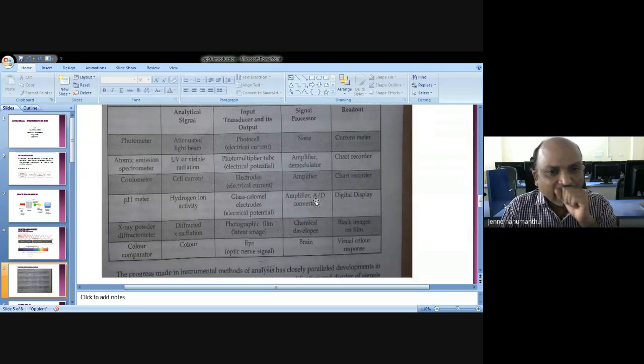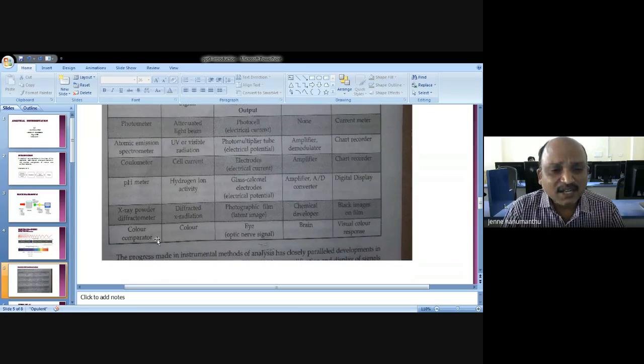Like this, the color comparator and the X-ray powder diffractometer. For diffraction, X-ray radiation and photographic film we are using. Output is an image. That image is processed in the chemical developer. If you take any snap with the mobile, you can shoot with the mobile, then we have some image.